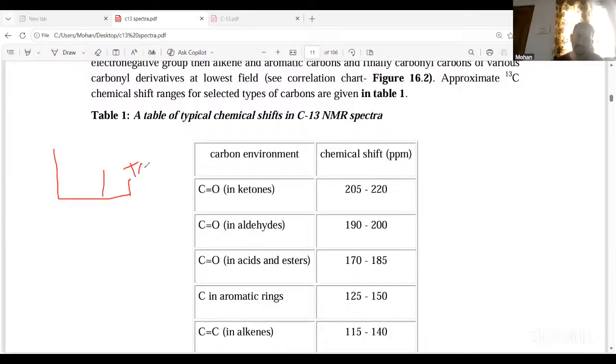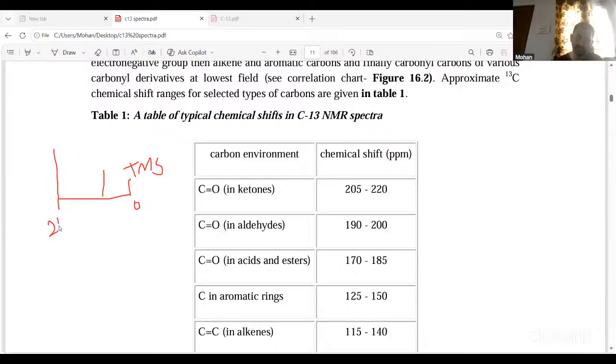TMS is always taken as zero in the C13 spectra, as in the H1 NMR spectra, because it is a chemically inert compound. The minimum is zero and the maximum is 240.